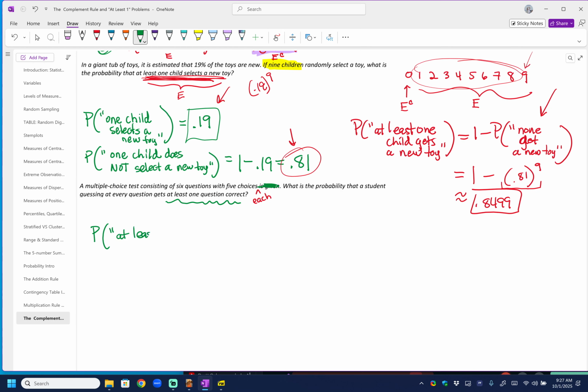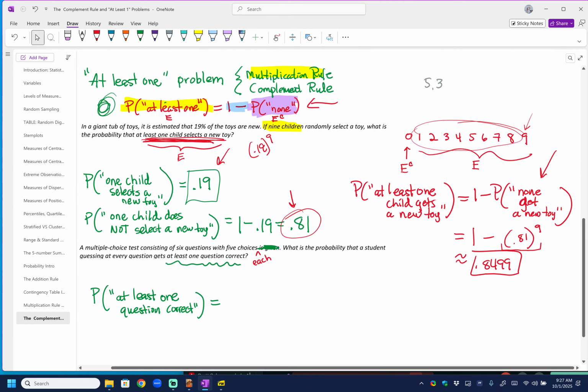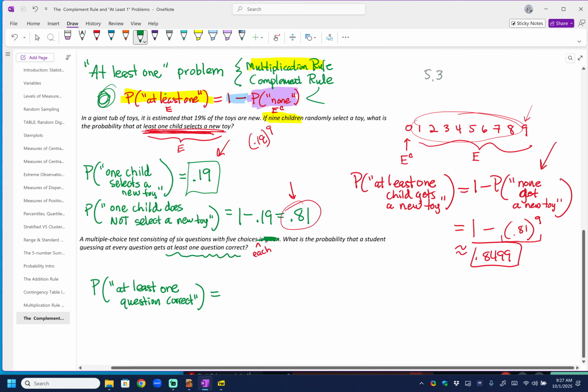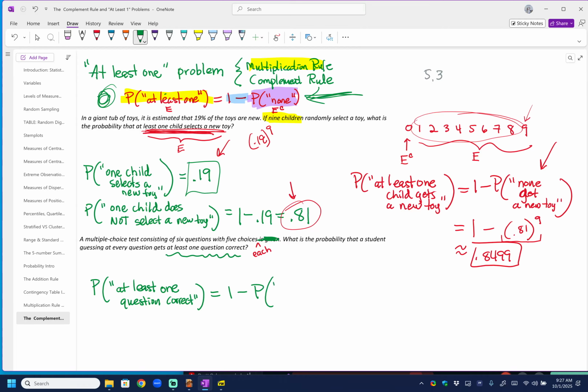Without going through that entire explanation we did in the last problem, this should be more straightforward. Why? Because we know from our formula up here that the probability of at least one of something is always going to be equal to 1 minus the probability of none. So it's going to be none are correct.